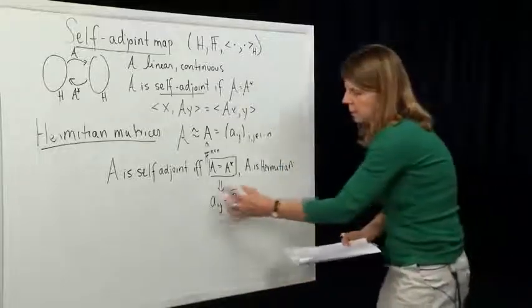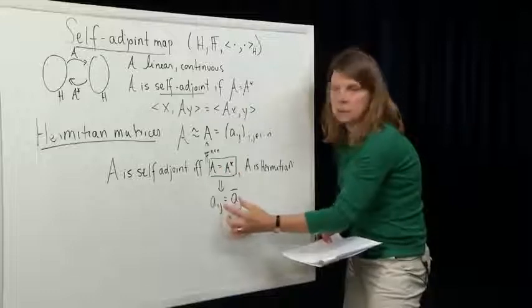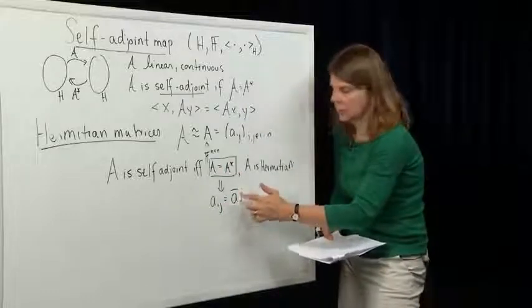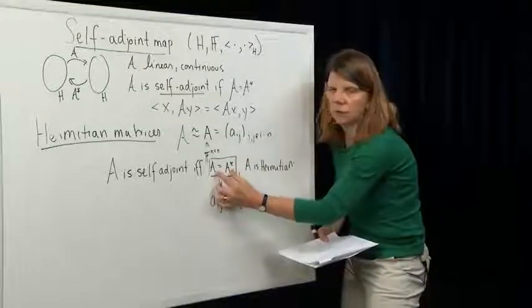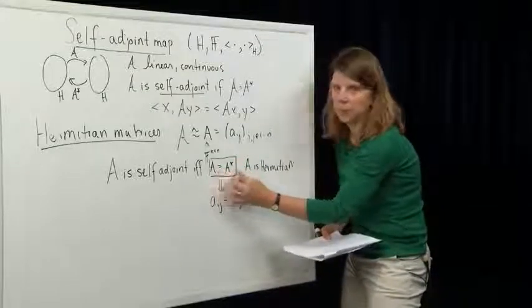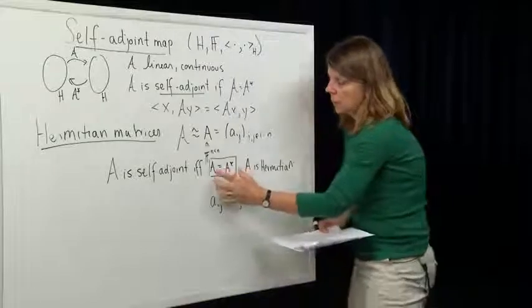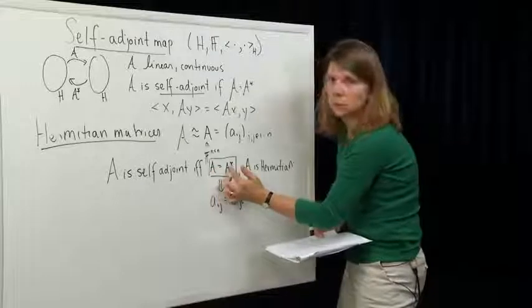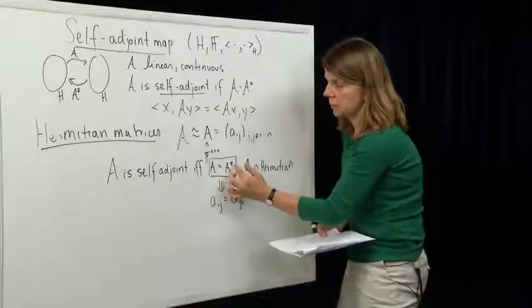So what that means is the matrix A is equal to its complex conjugate transpose. There's two operations involved in going from A to A star, complex conjugate and transpose. So Hermitian matrices have the property that the matrix is equal to its complex conjugate transpose.